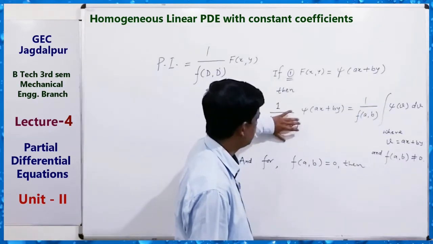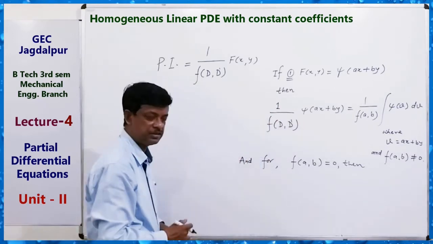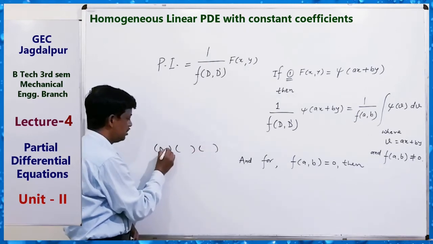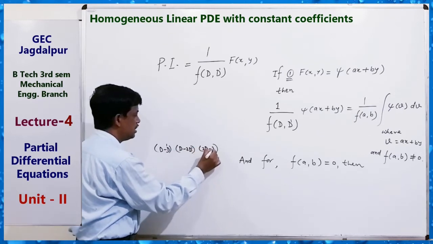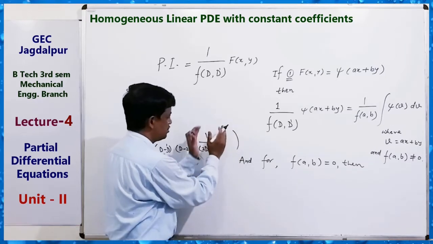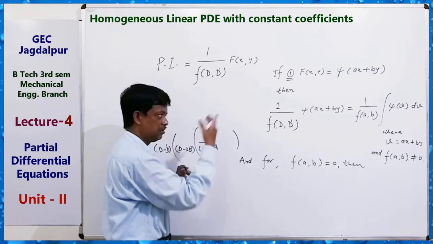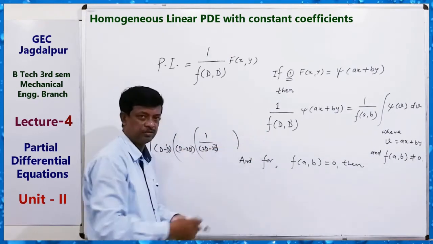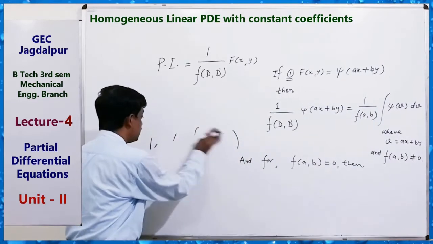Suppose this can be factorized: first factor, second factor, third factor, D minus D dash, D minus 2D dash, 2D minus 3D dash. One time you can consider this and use this formula, another time you can consider another factor and use the formula. Factor by factor, you can use the formula. Okay, this is the general rule.